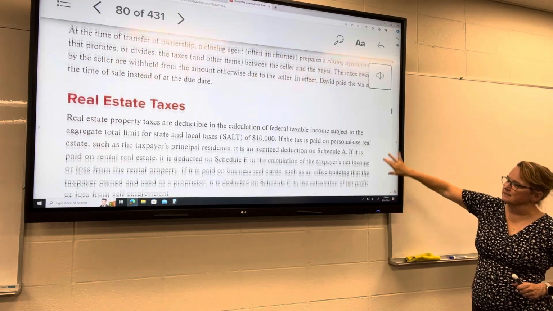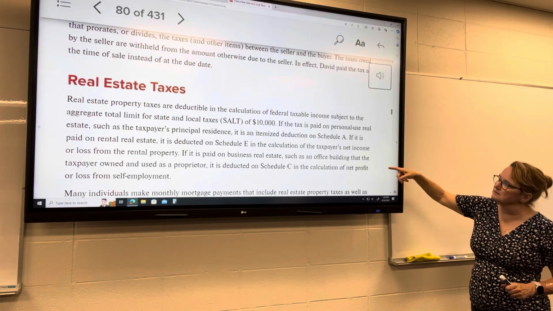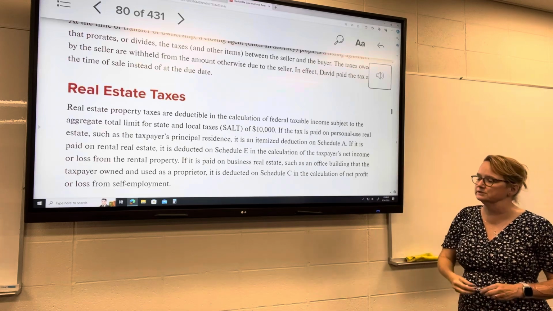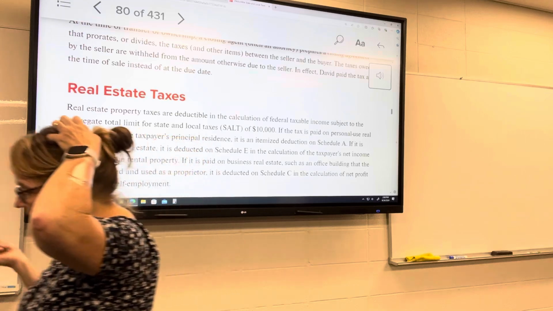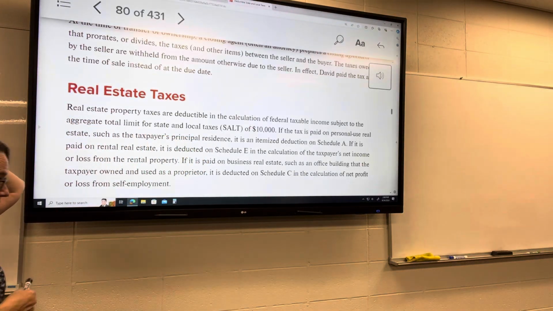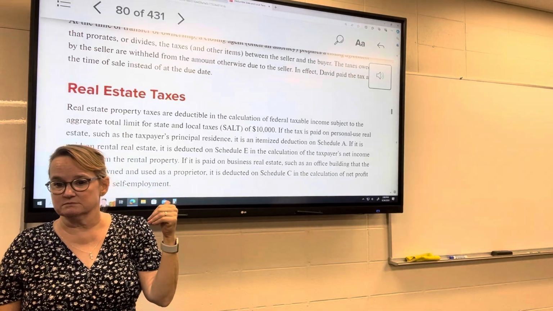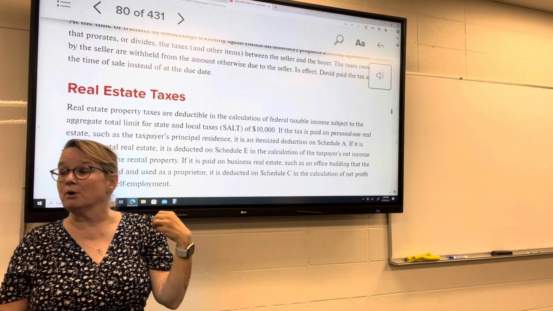This is real estate taxes. So real estate taxes are deductible. This is for personal property. We're not talking about business property in this part. So personal property is your personal residence for the most part, or any property that you own personally.